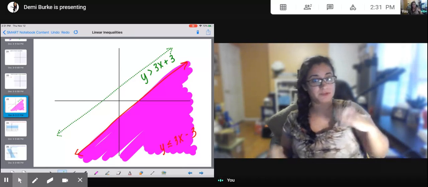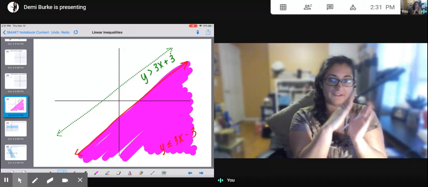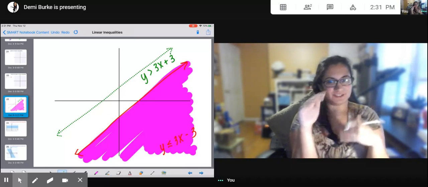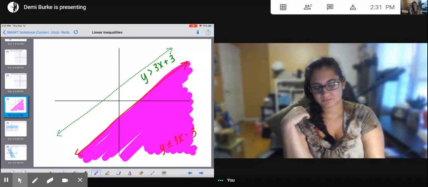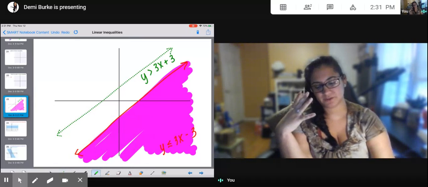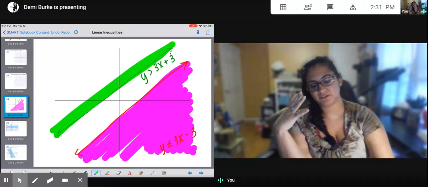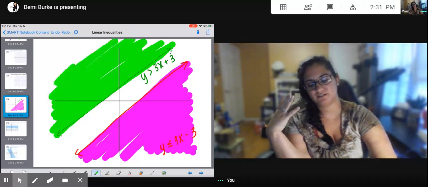So same slope. When you remember, if you have same slopes, that means they are parallel lines. They're just on different intercepts at this point, so they're running next to each other. And it's greater than, so everything above it is going to get shaded.